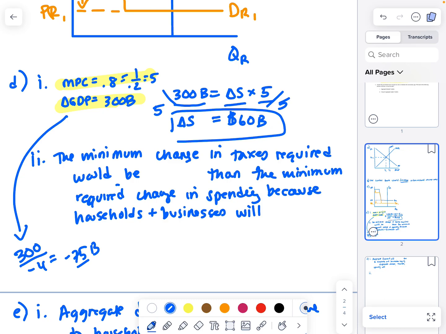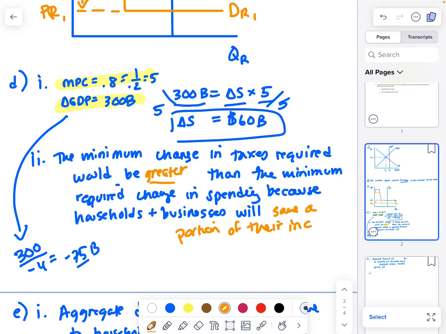We see the word explain. The minimum change in taxes required would be greater than the minimum required change in spending, because households and businesses will save a portion of their income.